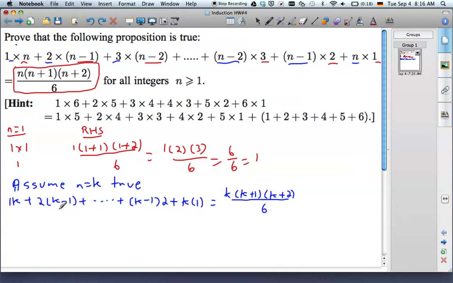So we're assuming that this statement is true. And what we're hoping is that when we do n equals k plus 1, somewhere along the line we're going to be able to make this substitution. And that's where this hint is going to come in handy.